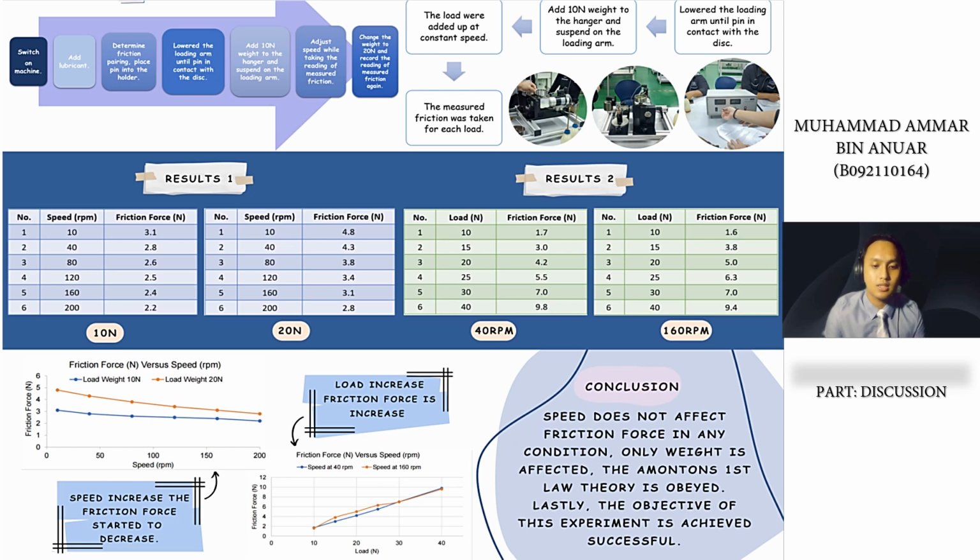So we only observe the relationship between speed and load, and which affects the friction. As I say, friction is only affected by load. That's all from me. I will pass to another section.